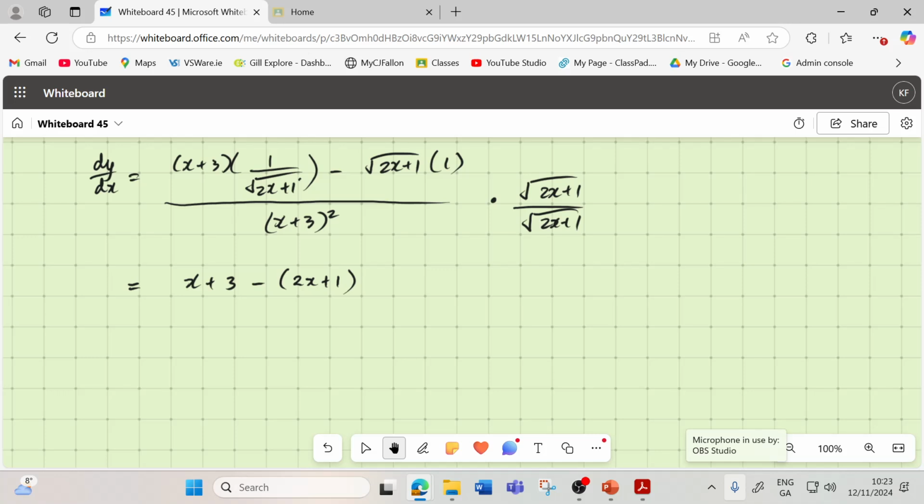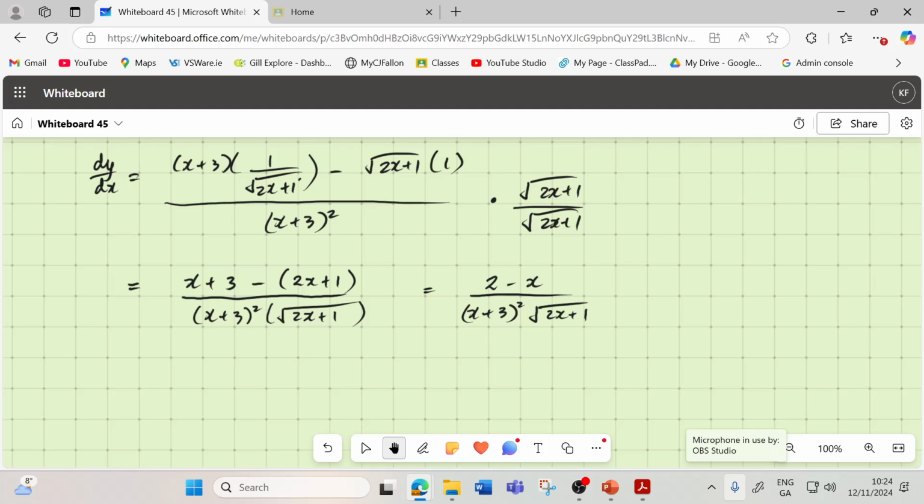Just be clear on the minus here, because it's minus the square root of 2x plus 1 times the square root of 2x plus 1, which is 2x plus 1. The bottom is (x plus 3) squared times the square root of 2x plus 1. So the top is x plus 3 minus 2x minus 1, which is 2 minus x, over (x plus 3) squared times the square root of 2x plus 1.